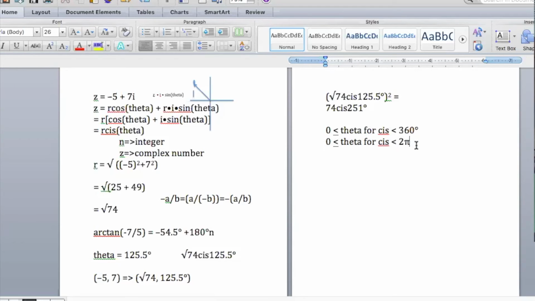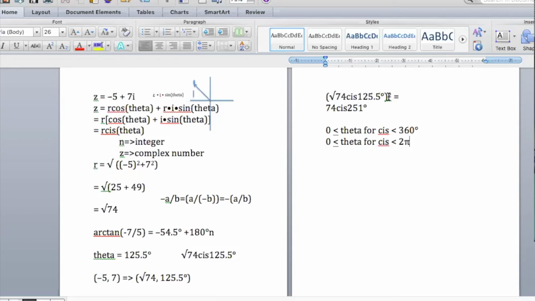Wait, sorry, how'd you get 74 again, and the 74 cis 251? Yeah. The rule is, if I want to square this whole number here, I'm going to square the modulus, and the square of the square root of 74 is 74. And I'm going to multiply the argument by 2.